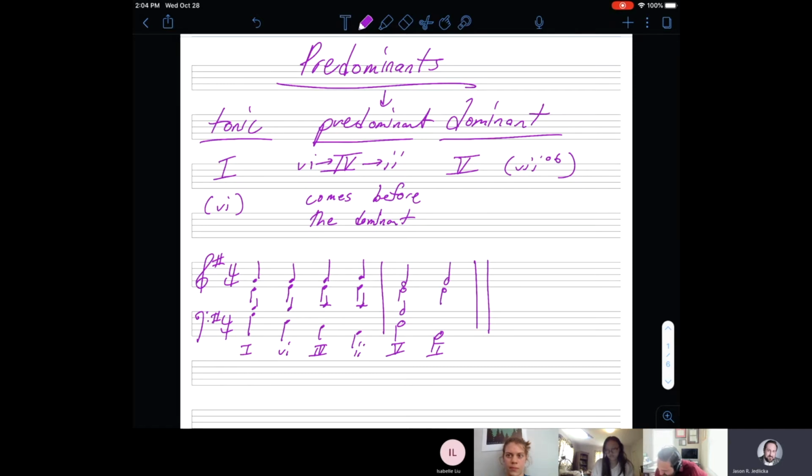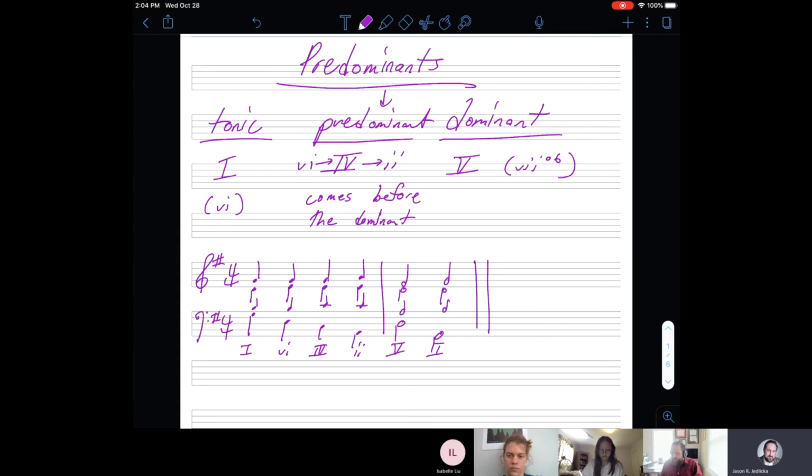Descending thirds is called a sequence, and you'll learn that next semester in 102. But remember this progression, like 1, 4, 5, 7, 1, your key establishment that you did weeks ago. So this is kind of a little elaboration on that.